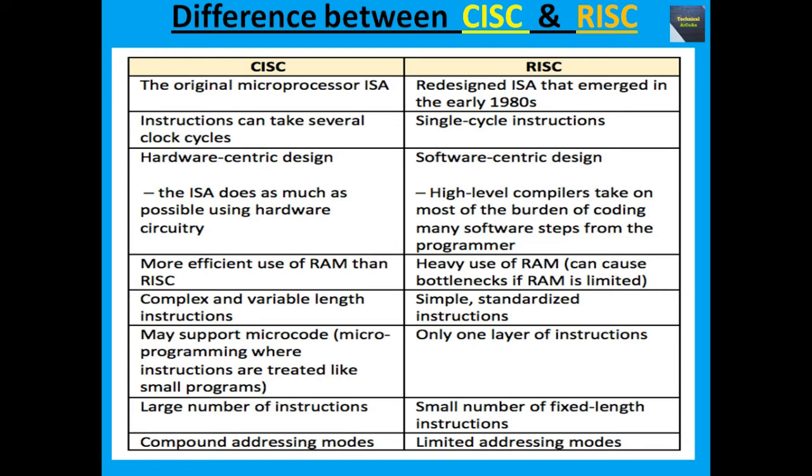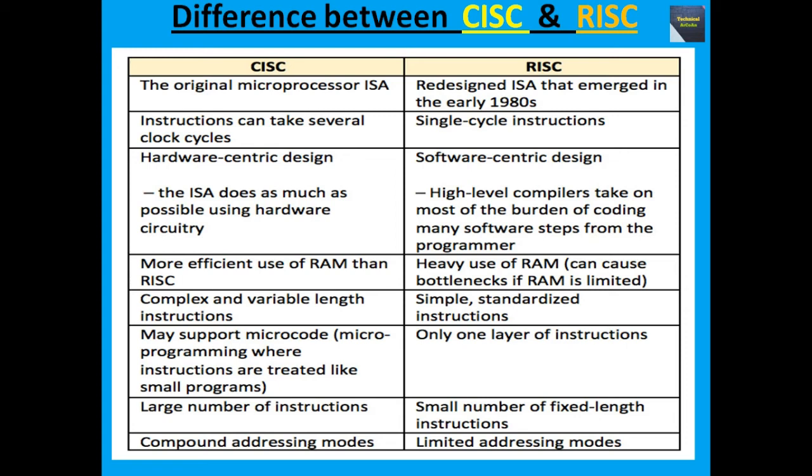Instructions can take several clock cycles in CISC, but in RISC, single-cycle instructions are used. CISC has a hardware-centric design, where the ISA does as much as possible using hardware circuitry, but RISC has a software-centric design. High-level compilers take on most of the burden of coding many software steps from the programmer.